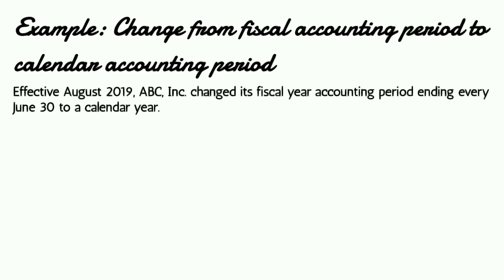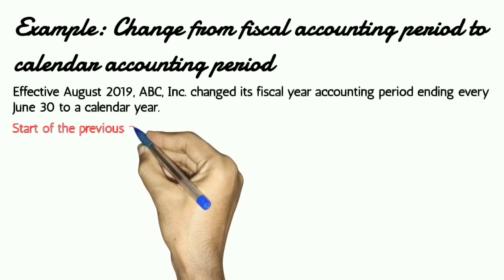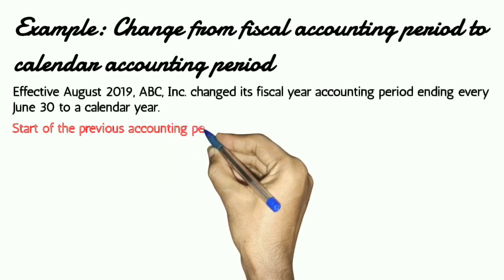Ang previous accounting period ay fiscal year. At sabi dito, ang end ng fiscal year ay June 30. Kung ang end ng fiscal year ay June 30, ang start ng fiscal year ay July 1. So that means the start of the previous accounting period is July 1, 2019.